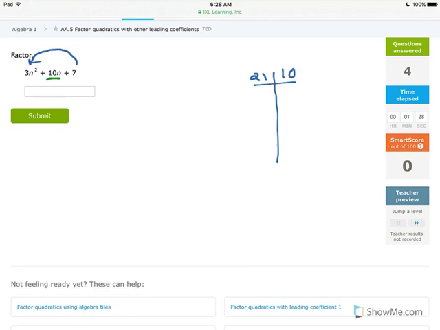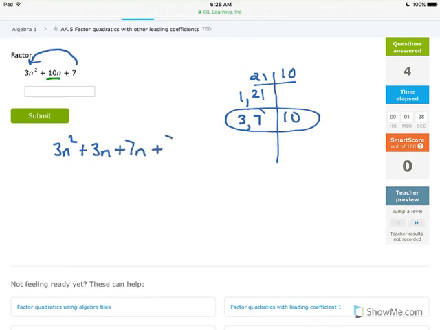Factors of 21 are going to be 1 and 21, or 3 and 7. So which combination adds up to be 10? That's going to be this one. So your 10n is coming from a 3n and a 7n, so we're going to say it's 3n squared plus 3n plus 7n, making the 10n in the middle, plus 7 on the end.